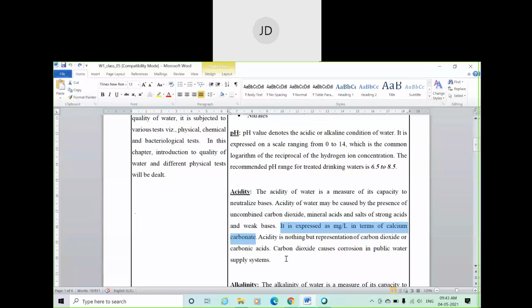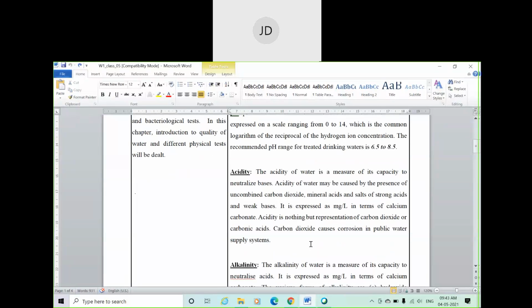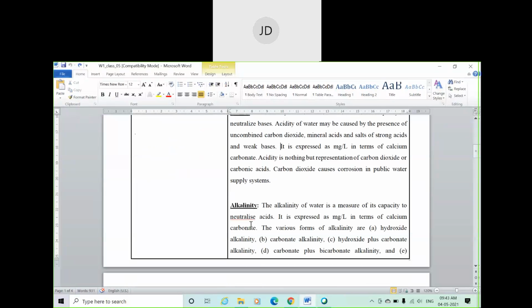It is expressed as milligram per liter, normalized in the form of calcium carbonate, CaCO3. Okay, so this is all about acidity, and next we'll discuss alkalinity.